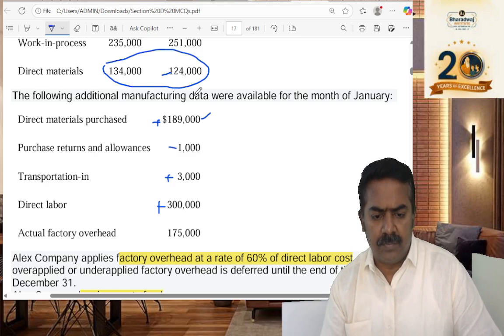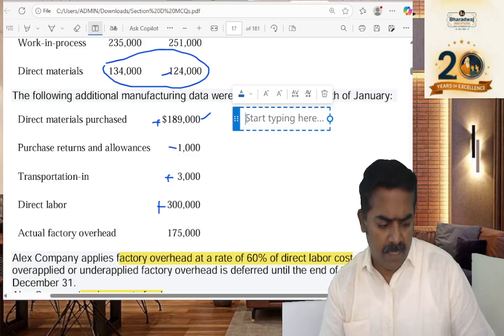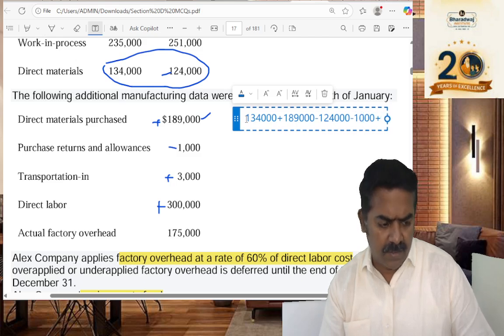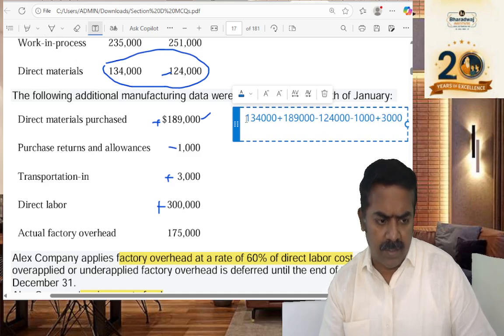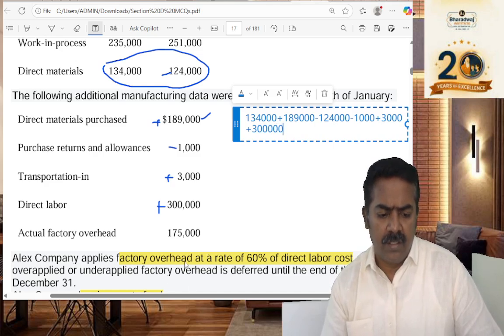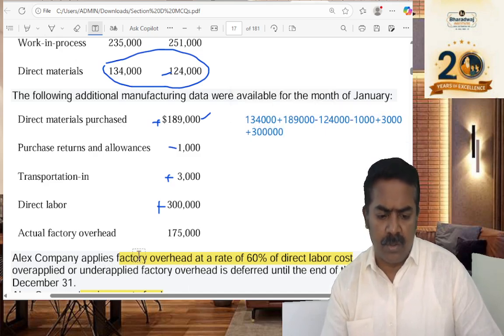Materials 2,01,000. Materials opening stock, do this. 1,34,000 plus 1,89,000 minus 1,24,000 minus returns 1,000 plus 3,000 minus 1, plus 3 lakhs. Plus 60% of it? No. They ask you only to work out which one?